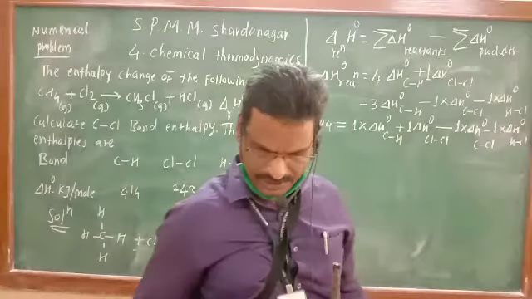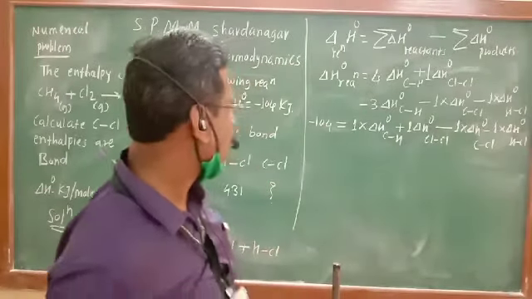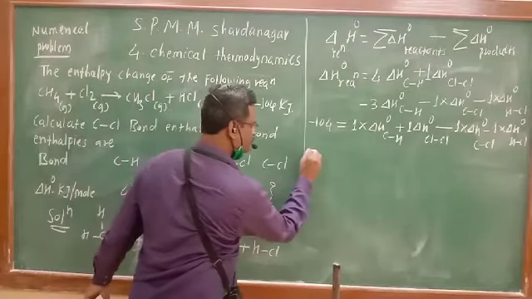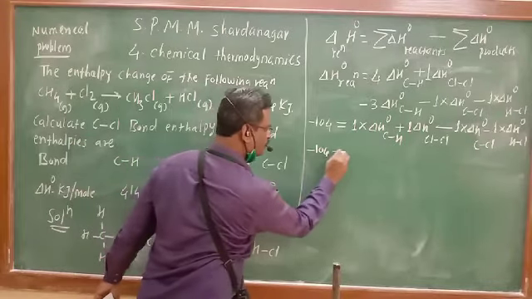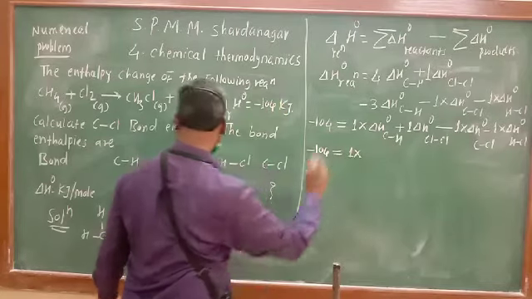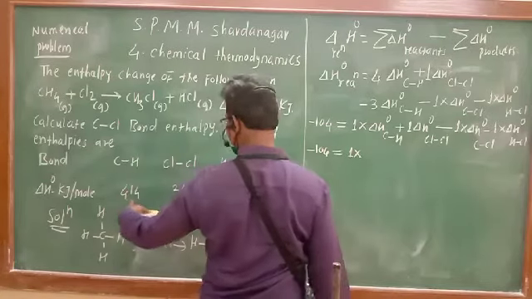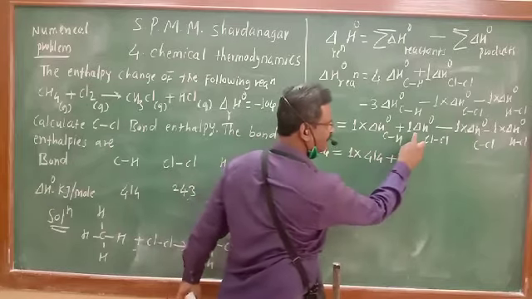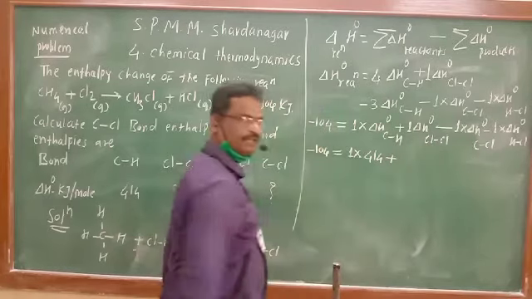Now substitute the values. We know all the values. Minus 104 is equal to 1 into delta H naught of CH, given 414, plus delta H naught of ClCl.